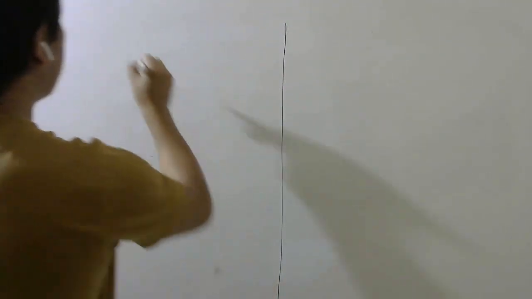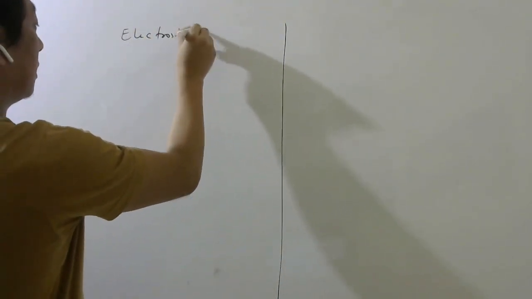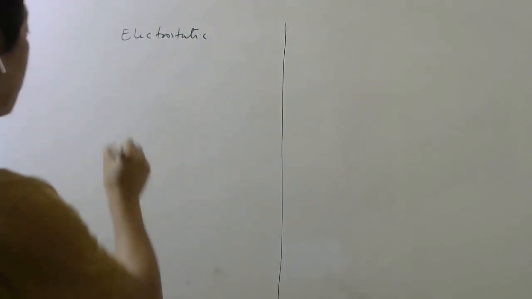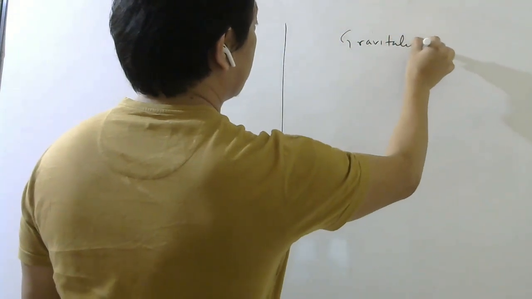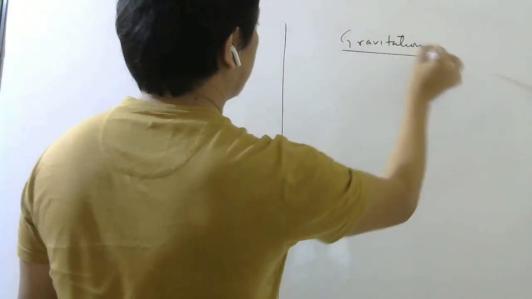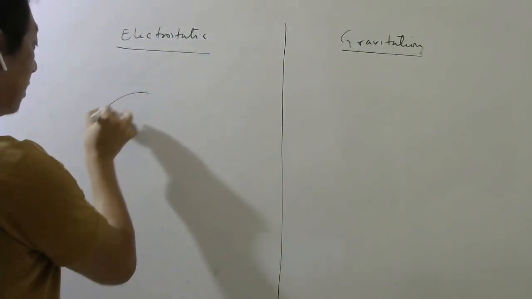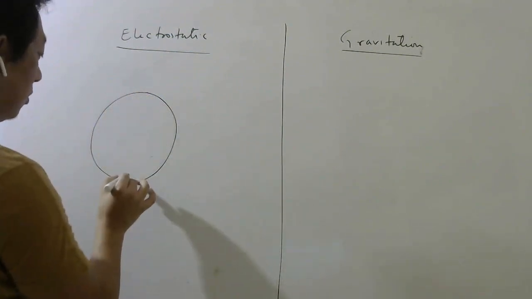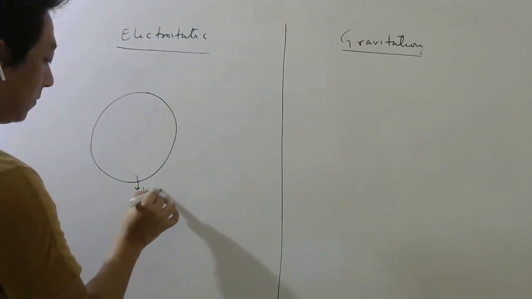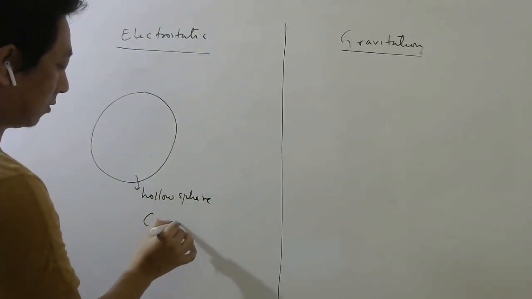Then in electrostatics, we studied about spherical mass also, right? Here gravitation, let me write. So here, if you have a spherical mass, okay, let us say it is a hollow sphere right now, or it could be a conductor also.